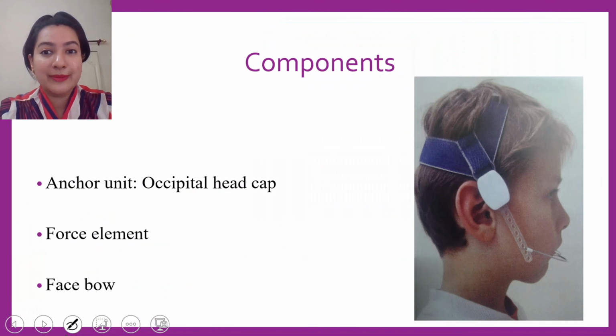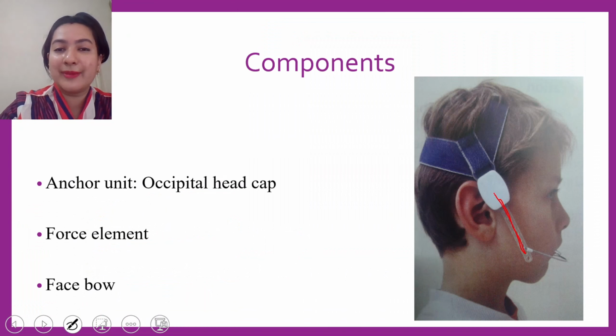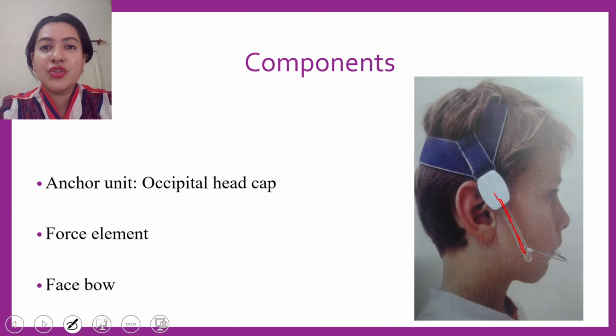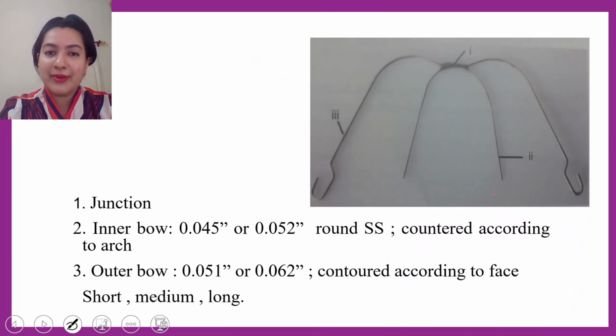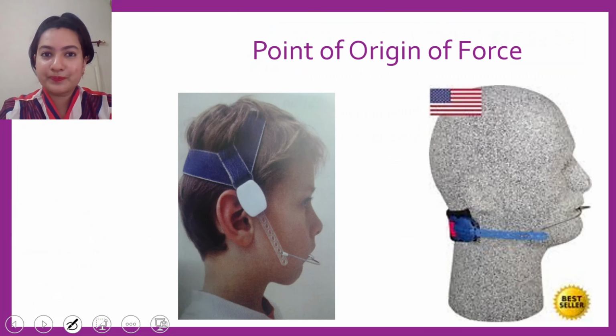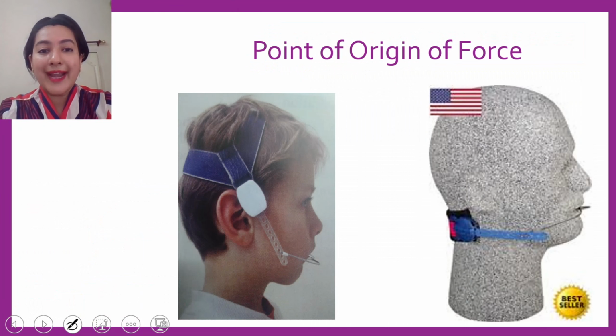Okay, what was the force element? This strap was your force element. Okay, so the force element should pass through my center of resistance of maxilla so that my force is applied through it. So yes, students, this was about headgear, where we saw the different kinds of headgear.